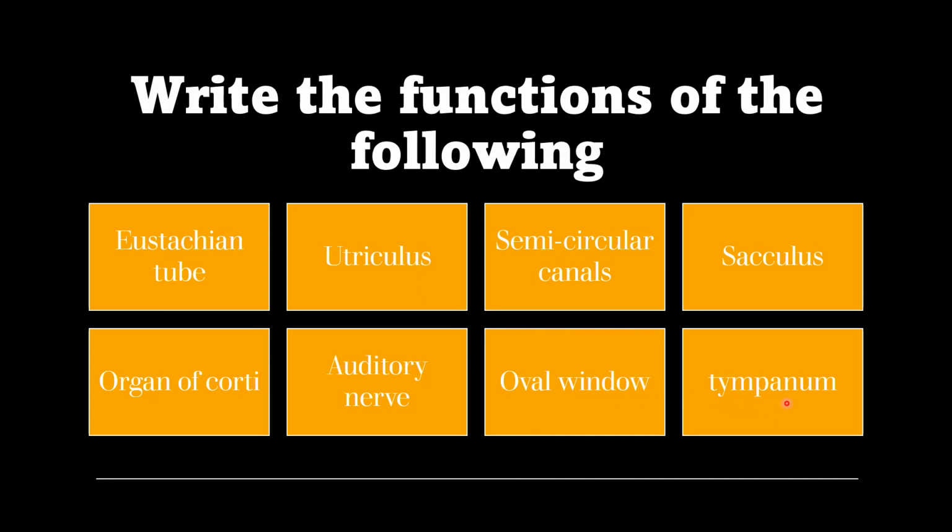Then next one, tympanum. What is the function of the tympanum? The tympanum converts sound waves into sound vibration. Yes, when the sound waves reach the tympanum, that will convert into sound vibration. Very important.